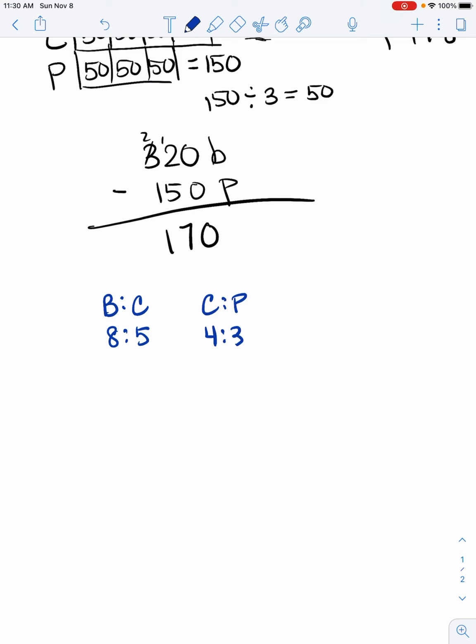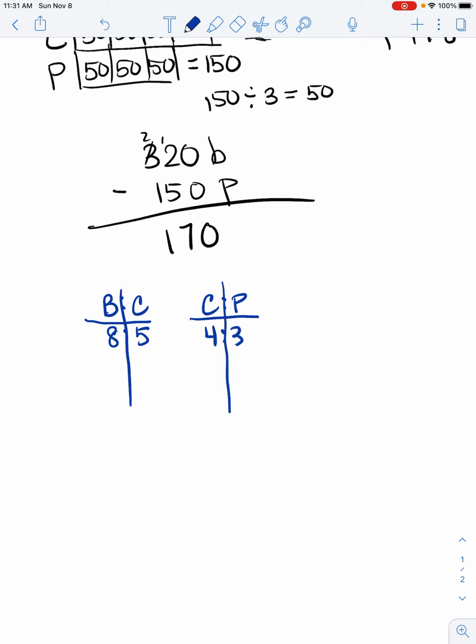But you see that the corn muffins are not the same. In order to combine these two ratios, because I would ultimately like to do a ratio of blueberry to corn to poppy seed, I'm going to try to find a way to make that number for the corn muffins be the same in both tables.